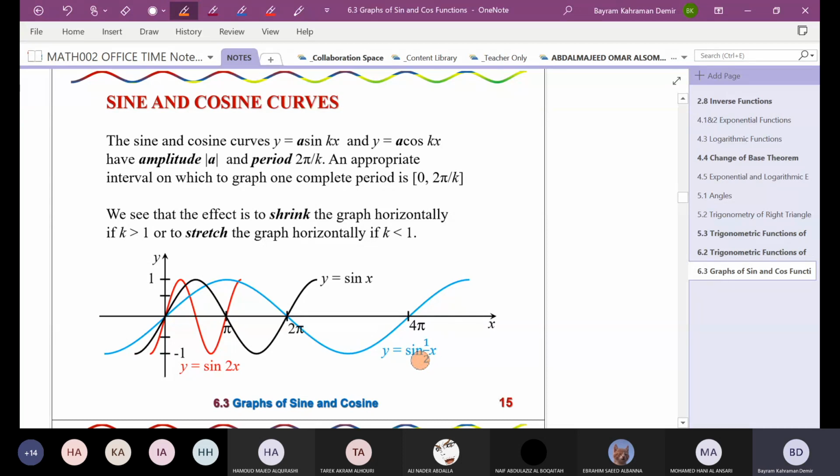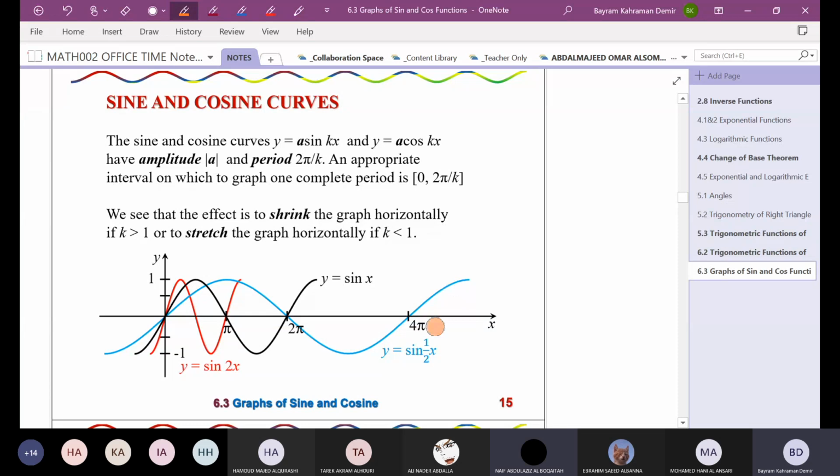So we call it horizontal stretching of the function. Replacing x with 2x or half x will cause stretching or shrinking, depending on the value of k, Shabab. All right. Is this clear, Shabab? Can we move on now? The period for half x is 4 pi. Yes, you see, period is 4 pi.